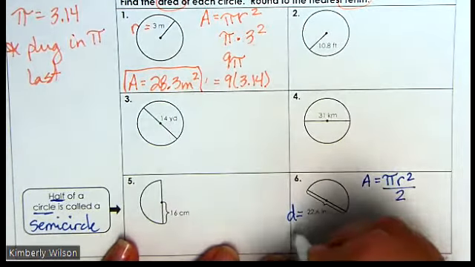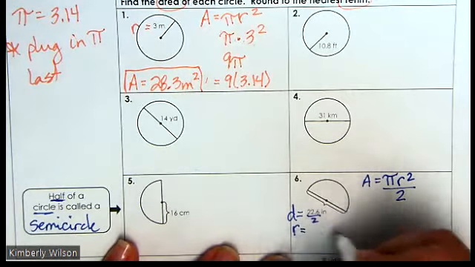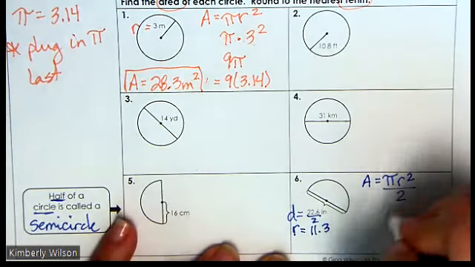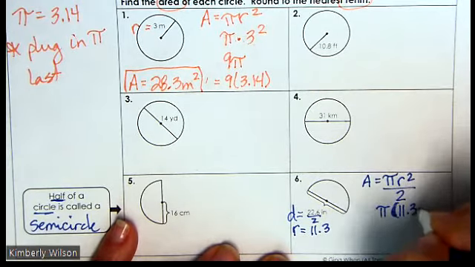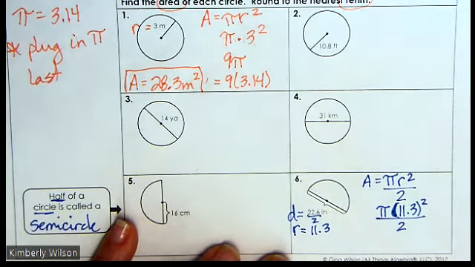But this is the diameter. I need the radius. So I'm going to divide this by 2 to give me my radius of 11.3. So I'm going to have pi times 11.3 squared, all divided by 2.